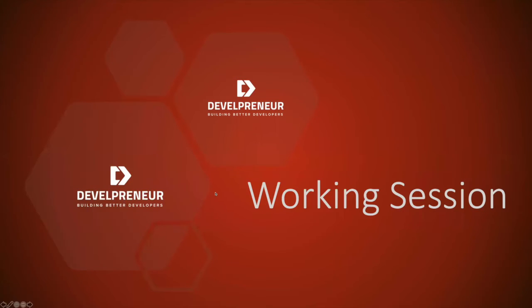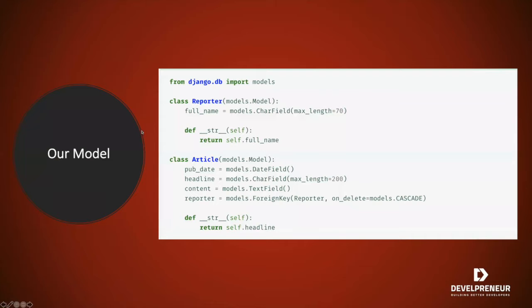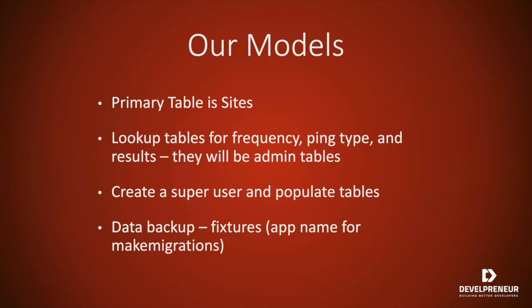Now, I'm going to talk a bit about, let's see, we've sort of gone into the model. I sort of skipped ahead to this a little bit, but that's okay. So just summarizing that a little bit. The primary table is the sites table. That's where we're going to list our information. We've got some lookup tables that are basically just support tables for that main table to give us an easier way to enter data.